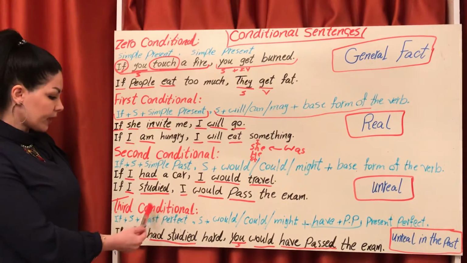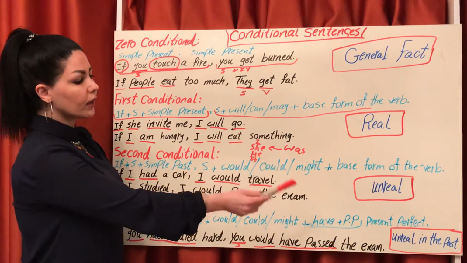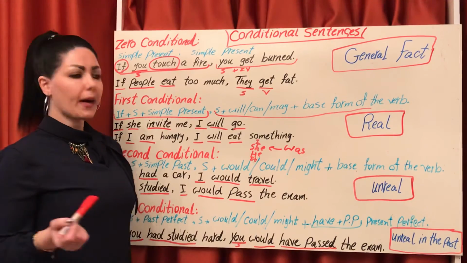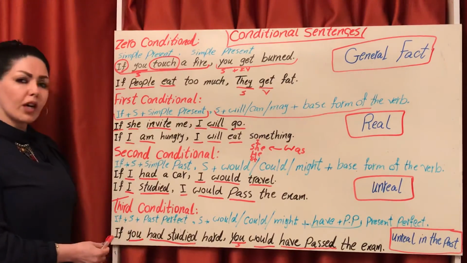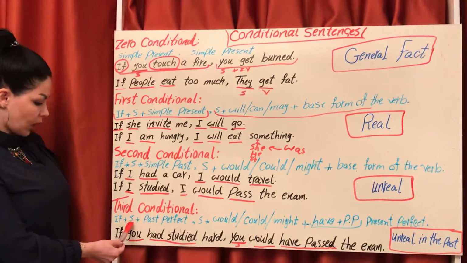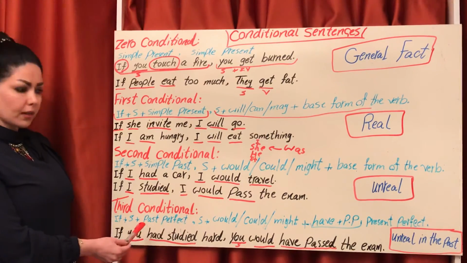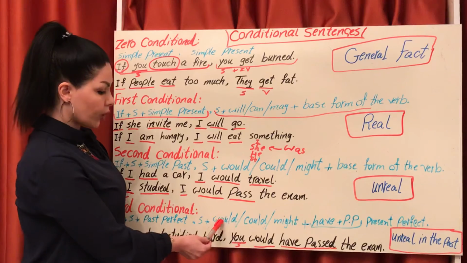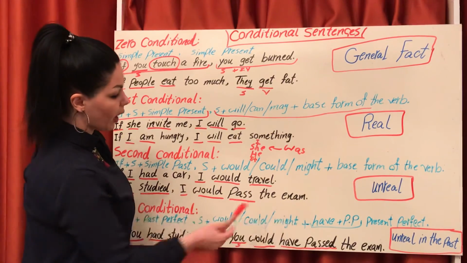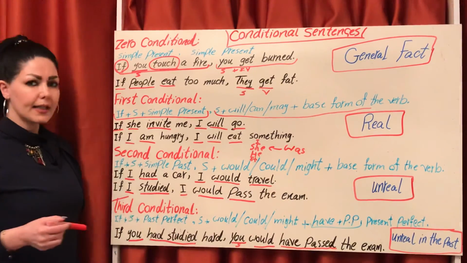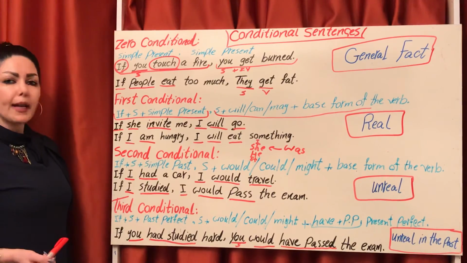Third conditional, it's about unreal but in the past. What is the structure? If plus subject plus past perfect for the if clause, and subject plus would or could or might plus present perfect for the main clause.